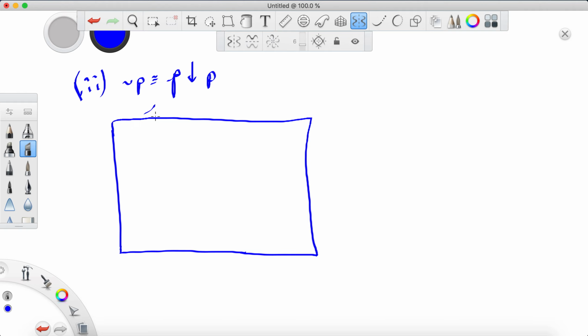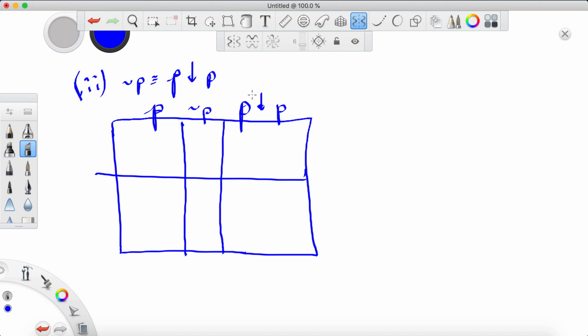rigorously. So here is P. Here is neither P nor P, and here's not P. Okay, so for these to be logically equivalent, this right here has to have the same output as this. So the inputs could either be true or false. That's all there is.